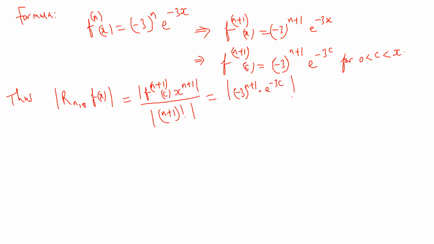And then it is multiplied by the general term, so it's x. Let me remove this one. Let's remove the absolute value and put this here. So here we put x to the power n plus 1, and then we divide everything by n plus 1 factorial, like that.